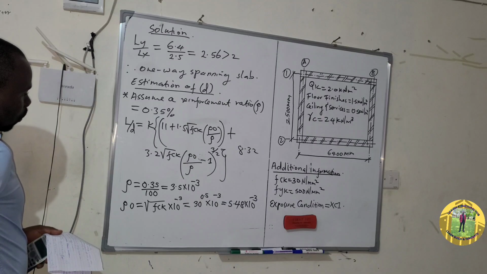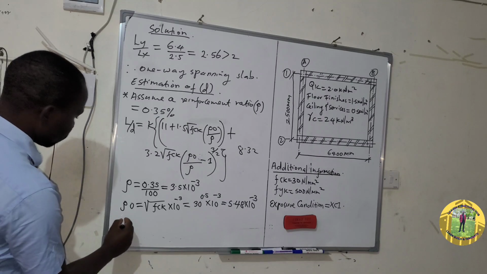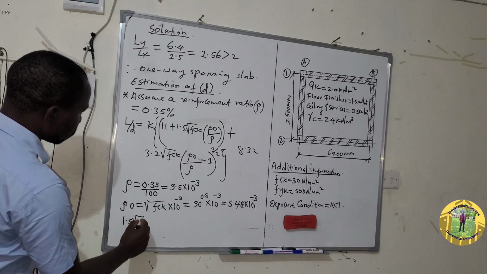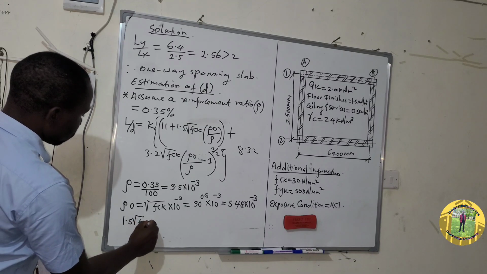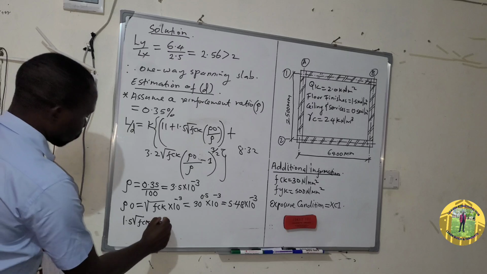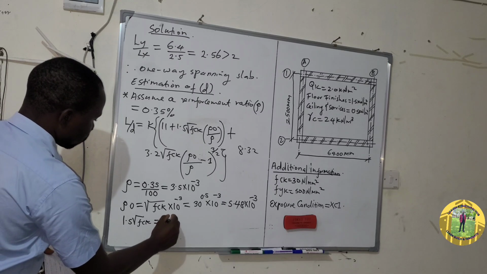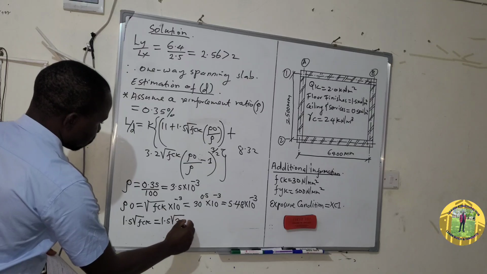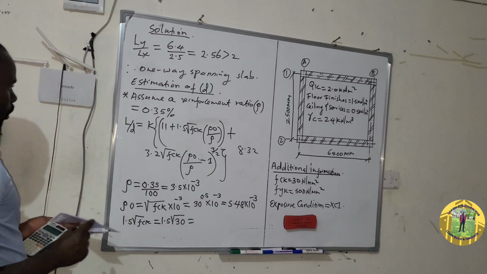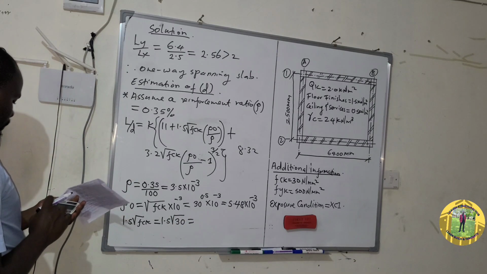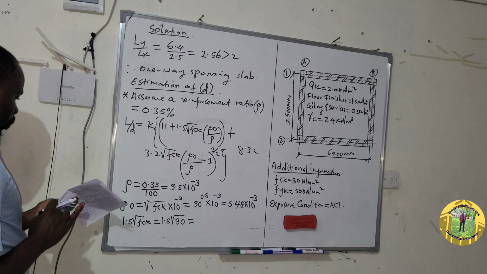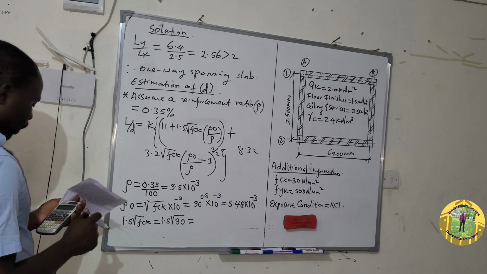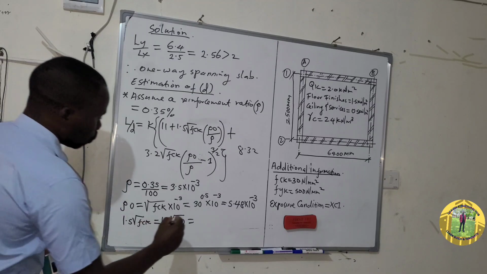And then 1.5 square root of FCK is equal to 1.5 square root of 30, which will give us 1.5 times square root of 30, 8.22.